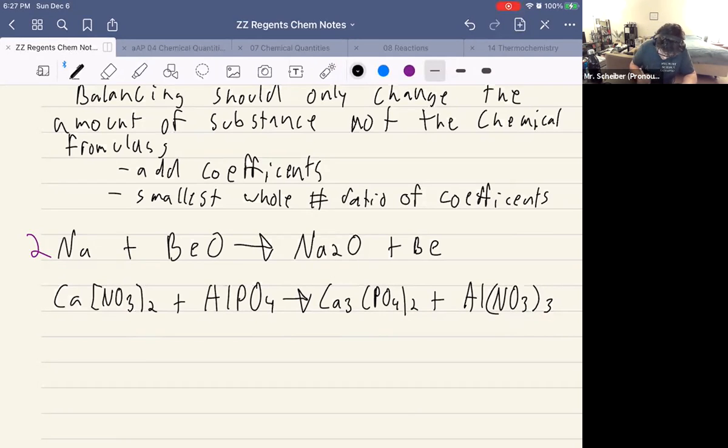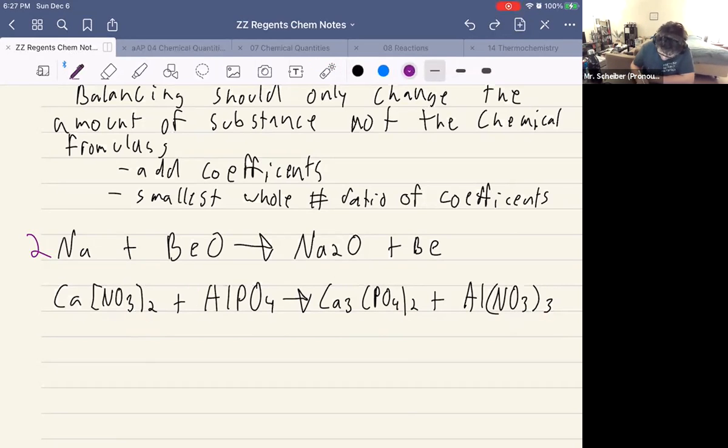What if I wanted to make more over here? Well, if I were to double this, the problem is that I double that, but I haven't changed this amount of O's over here. And so I can't really tell which O's I'm supposed to change to balance it out.